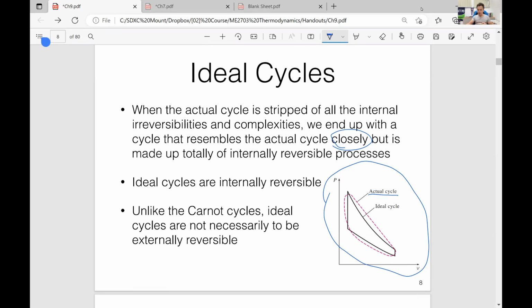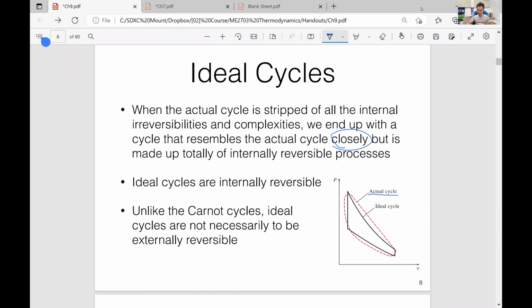But after the idealization, you can see the black solid line. At least here, this process is a constant volume process. Compared with this pink one, which is not constant volume but not too far away from it, we just assume this process is constant volume, and that would be accurate enough.